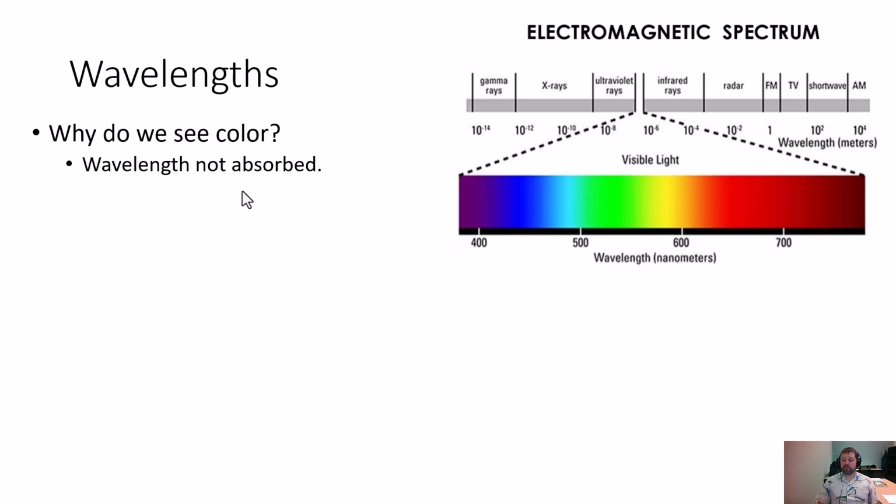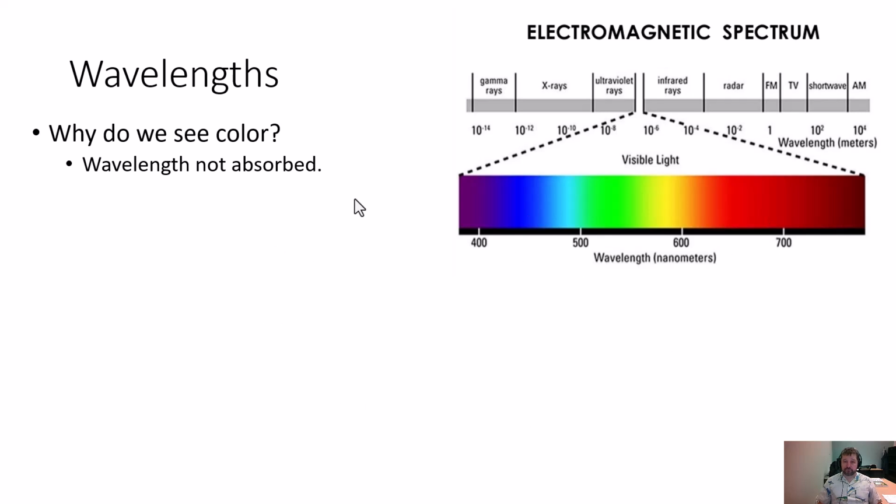But if you're looking at all the potential colors that we can distinguish, the human eye can distinguish about 2,000 different variations of color, because we have three types of cones.